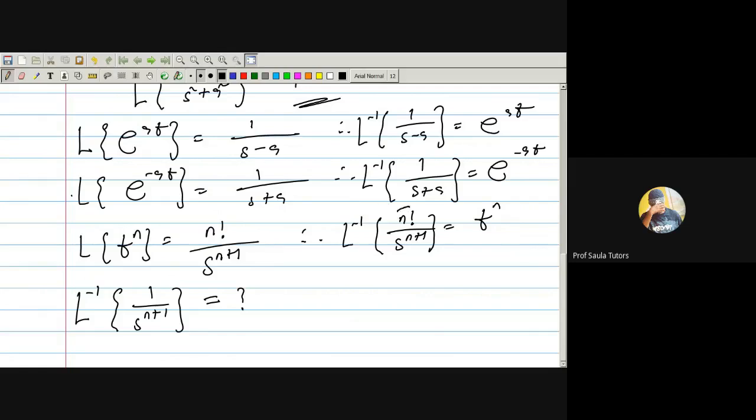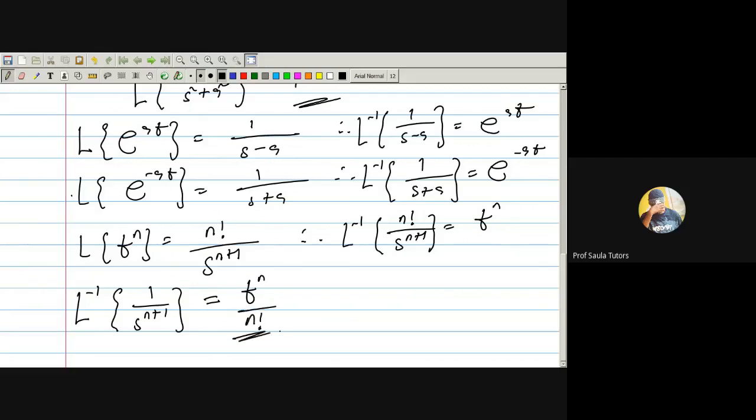This is a constant, n is a constant. Bring it out. What will remain here will be 1. Then divide by n factorial. So what will my answer be? t raised to power n over n factorial.